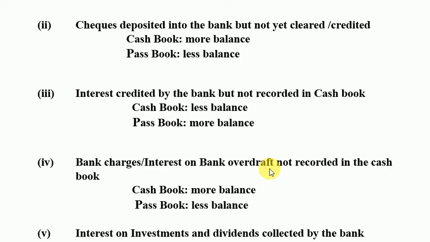But the account holder, that is the businessman, will record it in cash book and write it on the credit side of double column cash book only when he comes to know about it. Till that time, the balance as per bank statement or passbook will be less, whereas the balance as per cash book will be more.